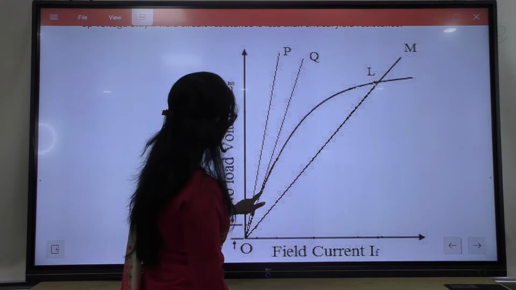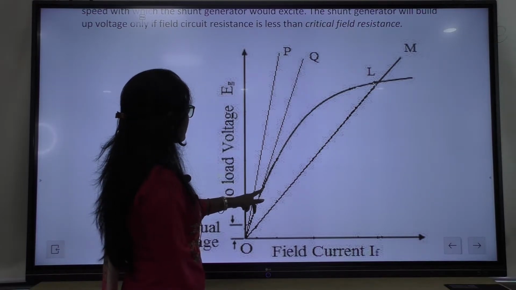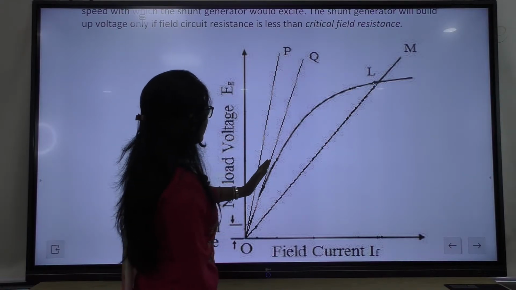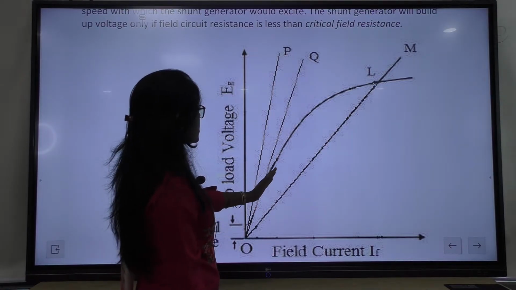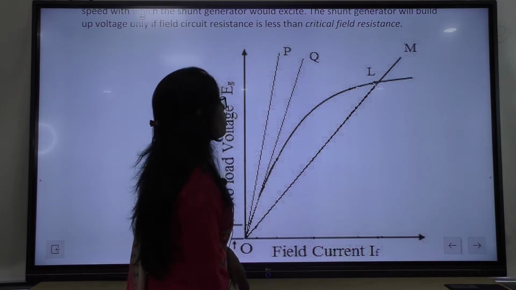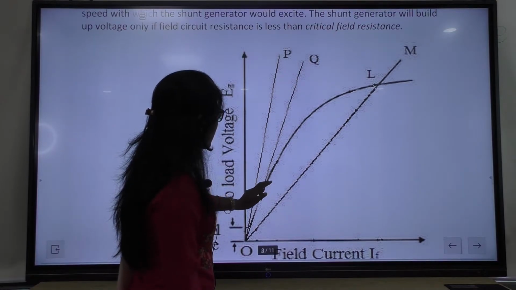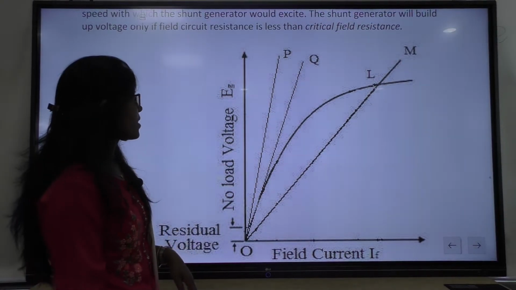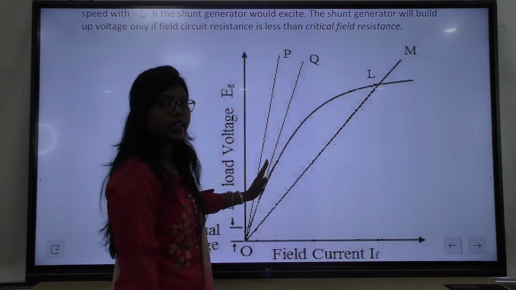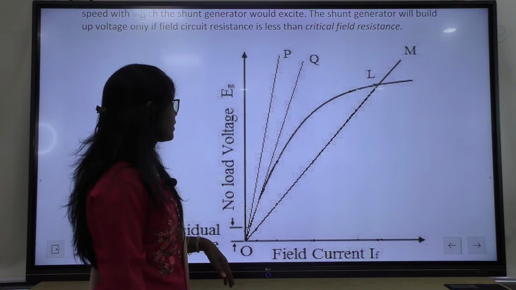Okay. So that line, the shunt field resistance line, touches the open circuit characteristics, or it is tangent to the open circuit characteristics. So this resistance is called the critical resistance of the shunt generator.